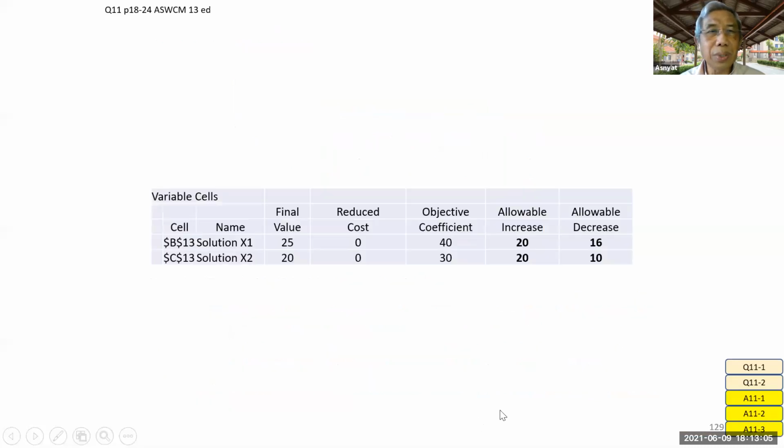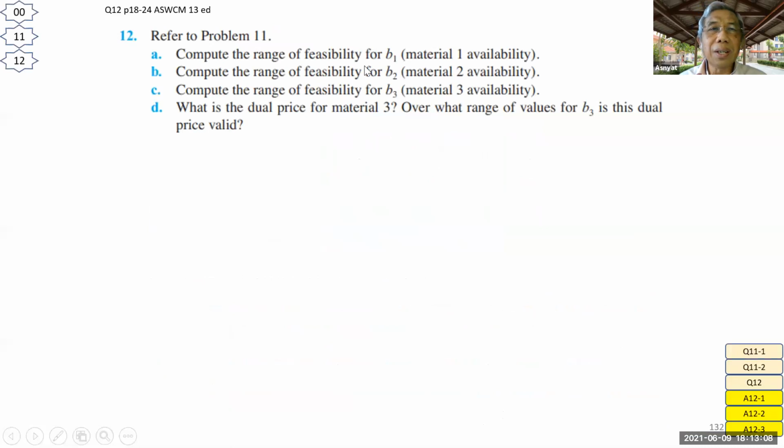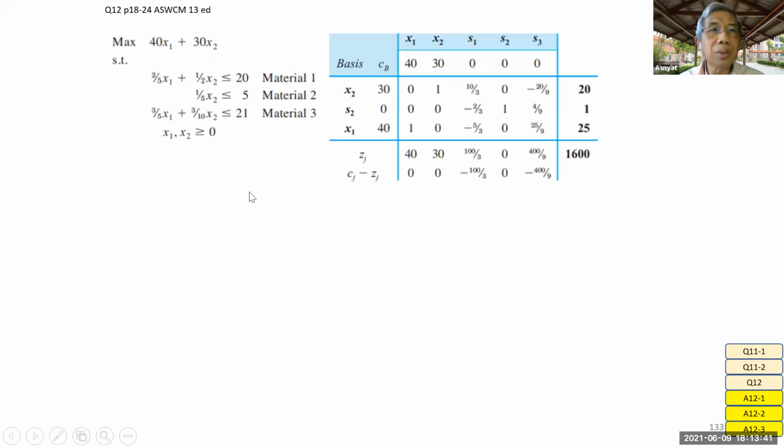Let's do the next question. Now, question 11: compute the range of feasibility. I just do one, because B1, B2, B3 use the same method. Compute the range of feasibility for B1. How to do this? We reproduce this table.